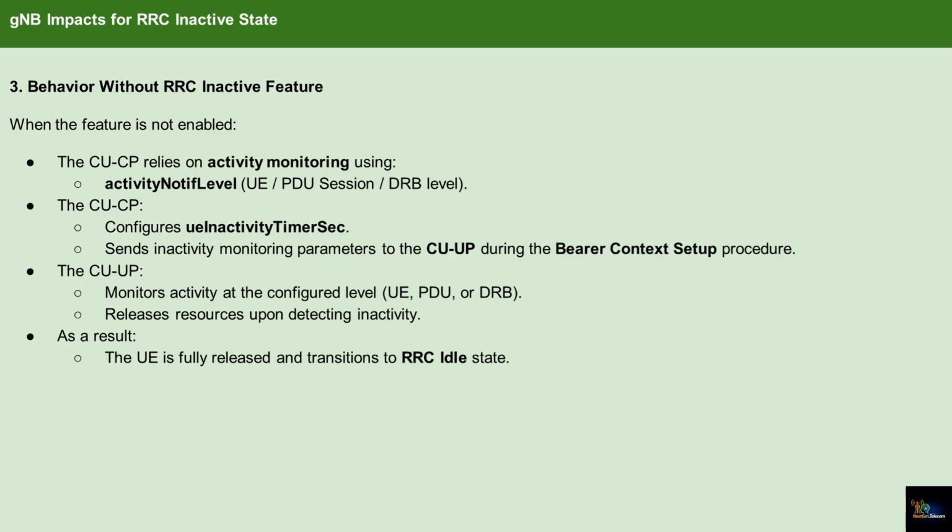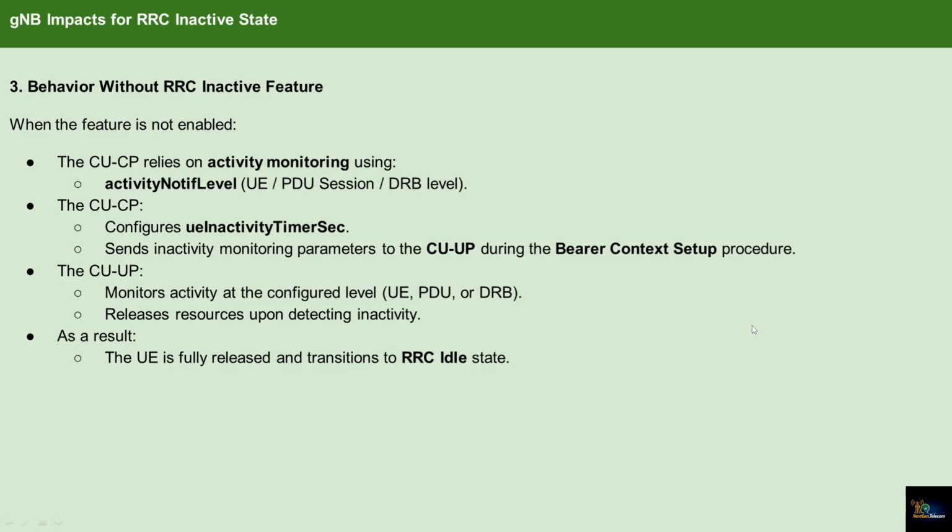gNodeB impact for RRC inactive state: behavior without the RRC inactive feature. When the feature is not enabled, the CUCP relies on inactivity monitoring at UE level, PDU session level, or DRB level. The CUCP configures the UE inactivity timer and sends inactivity monitoring parameters to the CUUP during the bearer context setup procedure.